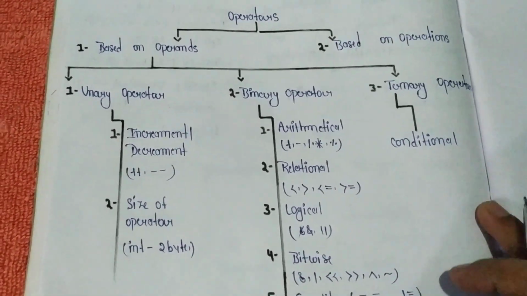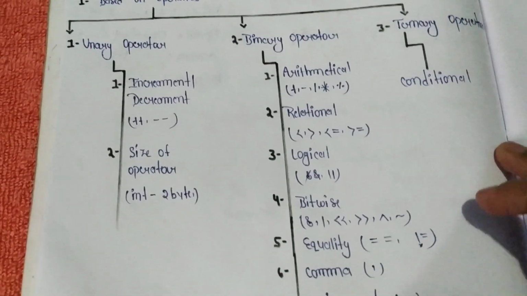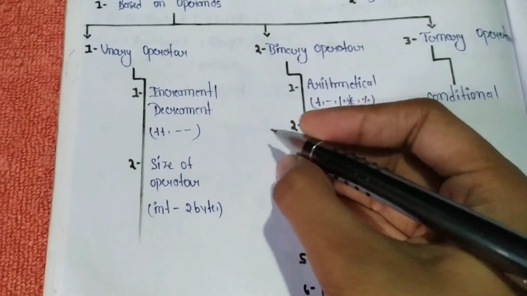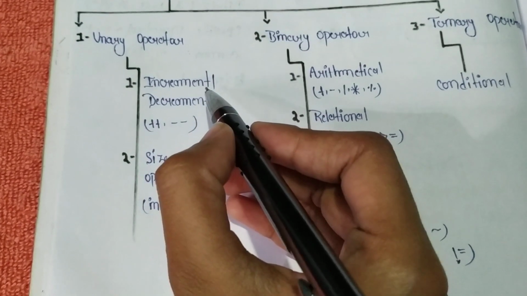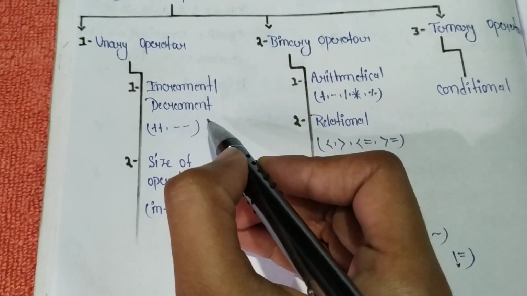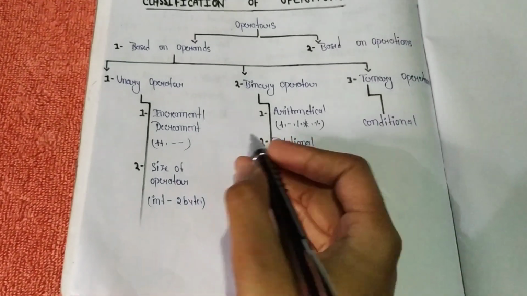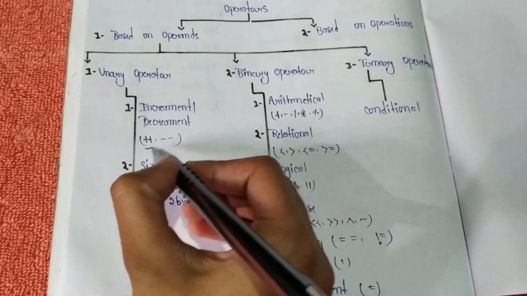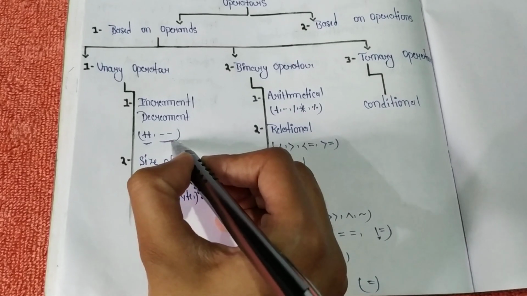Now let us discuss the classification of unary operators. Here we can see the first one, increment and decrement. In C programming, this sign is used to increase the value and this sign is used to decrease the value.